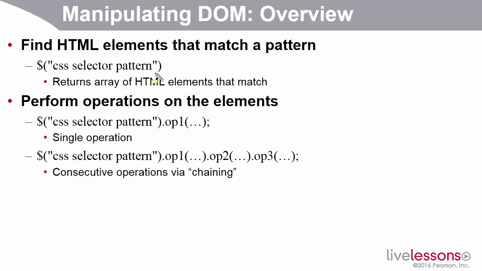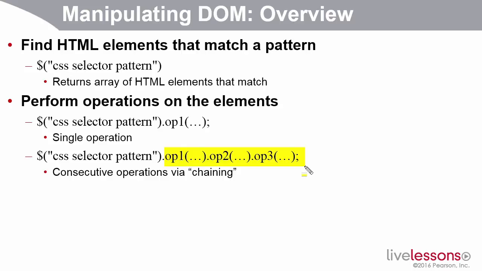The next brilliant idea that jQuery had is, all right, well, once we find it, we might want to do something with it. So in the previous interactive example, we hid some elements and we showed some elements. But it's kind of inconvenient to break those all into lots of separate steps. So the first really brilliant idea that everybody liked was use CSS to find elements in the page. The second brilliant idea that everybody likes is this idea of chaining.